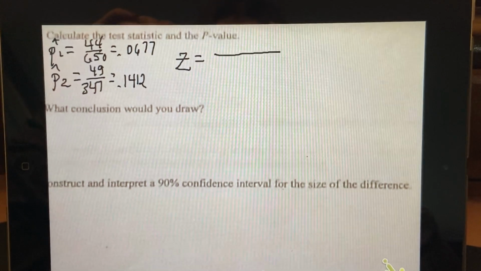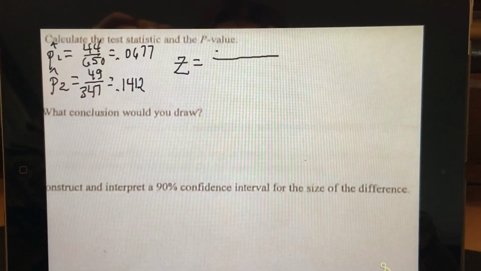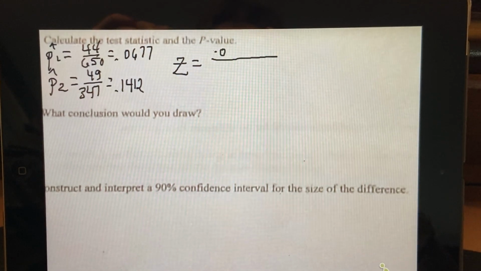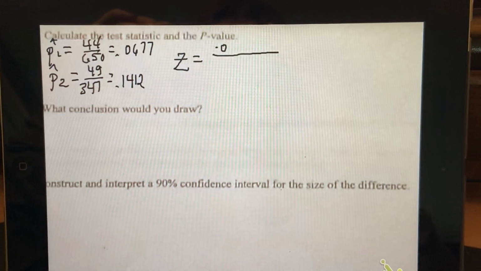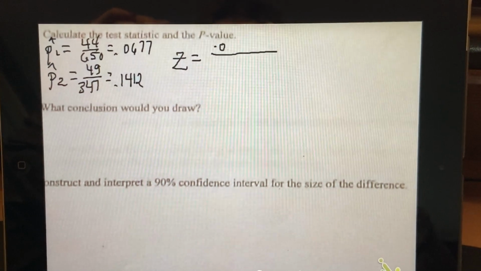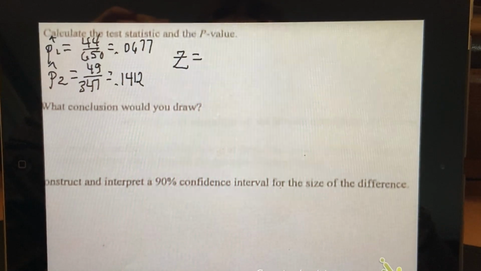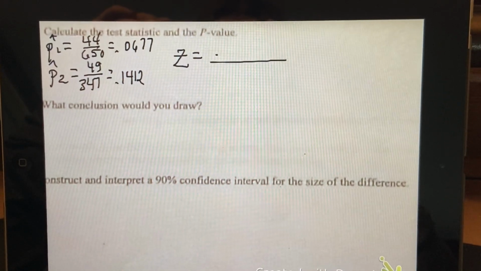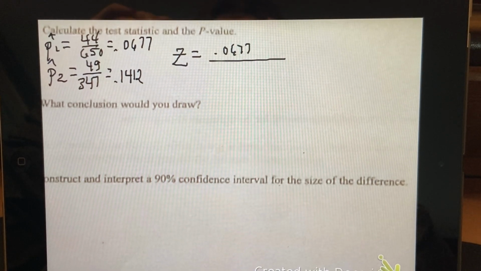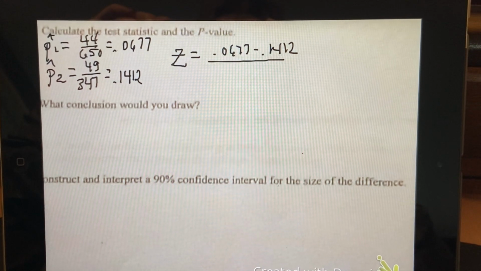So in the numerator, we're going to take the difference between sample 1, the p hat. Let me move this down just a little bit. So 0.0677 minus 0.1412. So this is p hat 1.